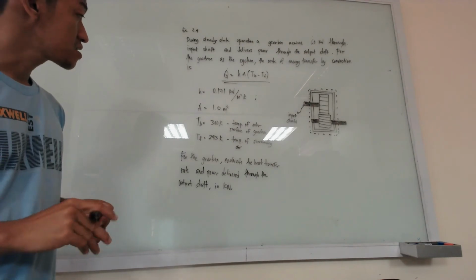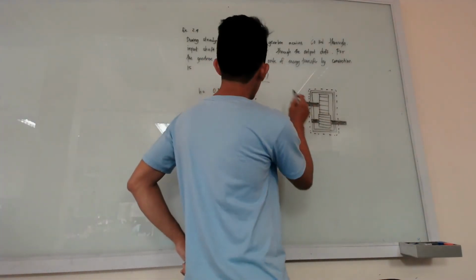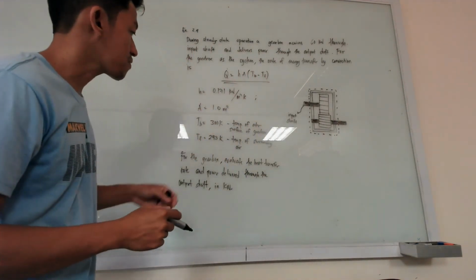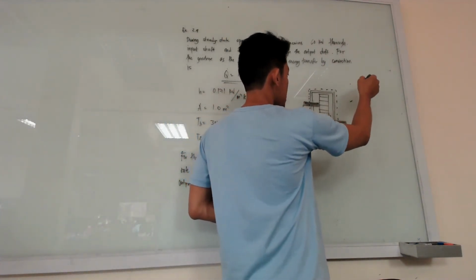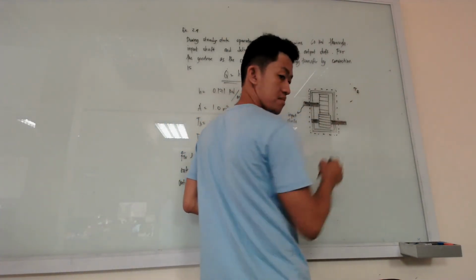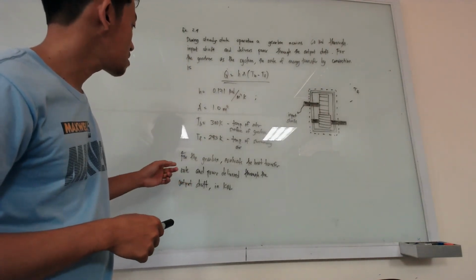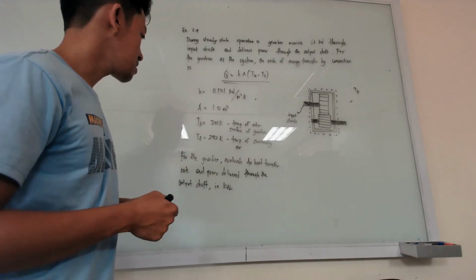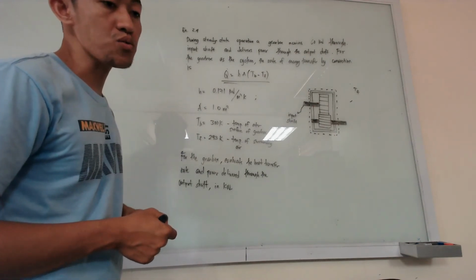Okay, so these are the given. The boundary temperature TB, which is the boundary temperature of the gearbox, and then TF, which is the temperature of the air. Okay, there is the air here, TF. And for the gearbox as the system, evaluate the heat transfer rate and the power delivered through the output shaft in kilowatts.